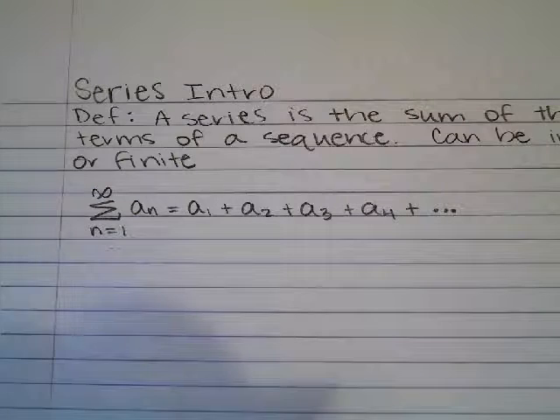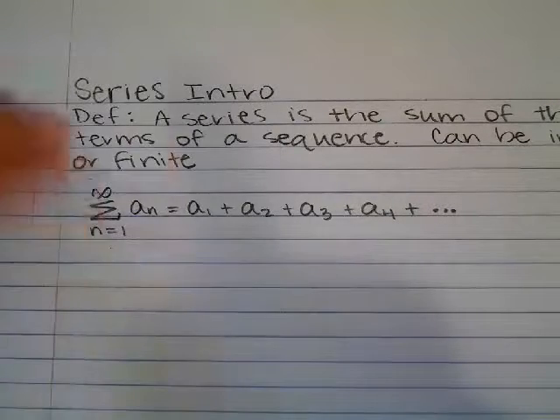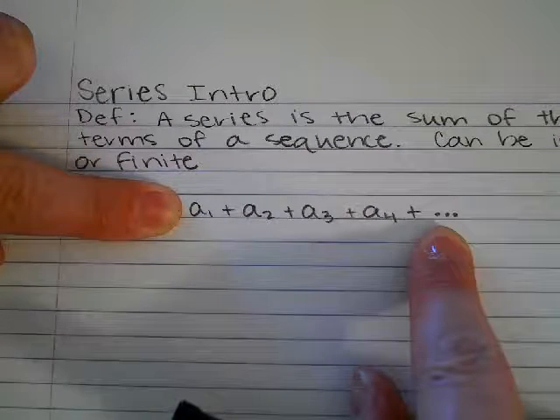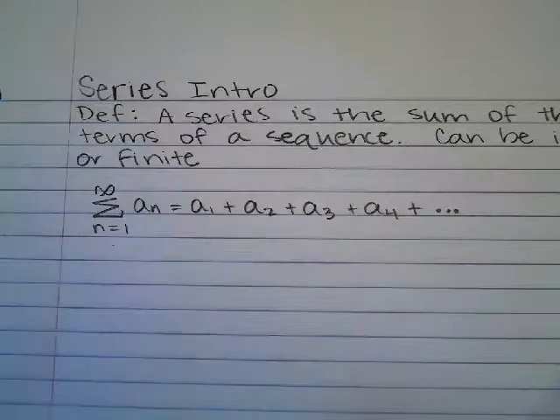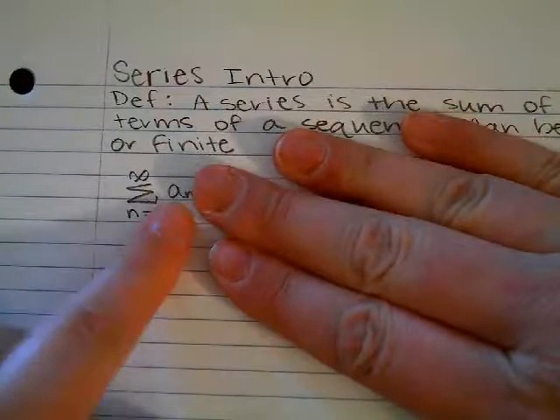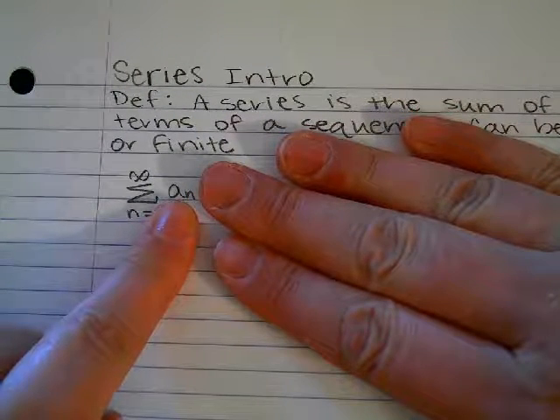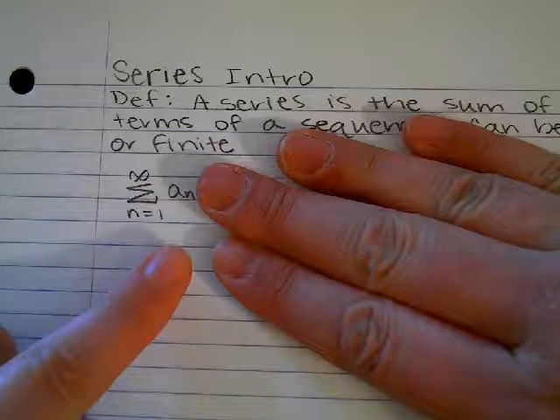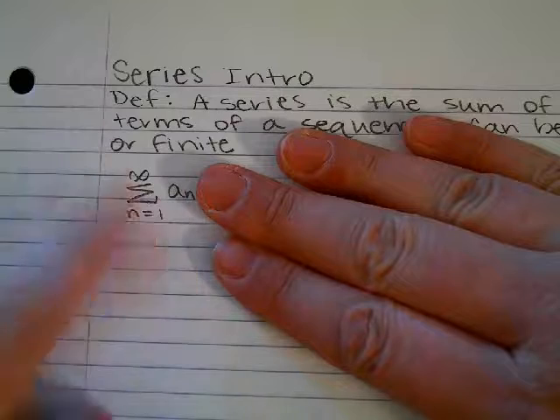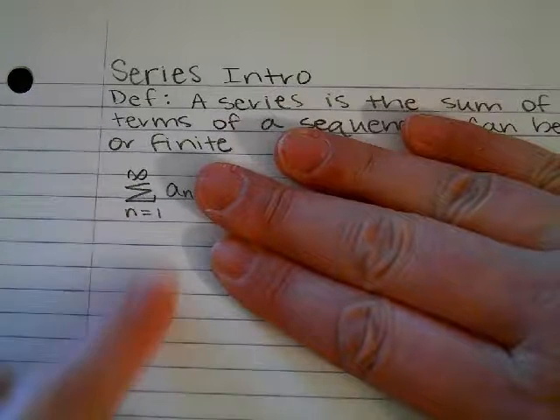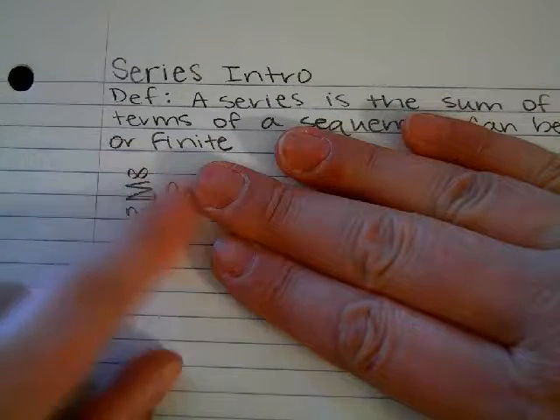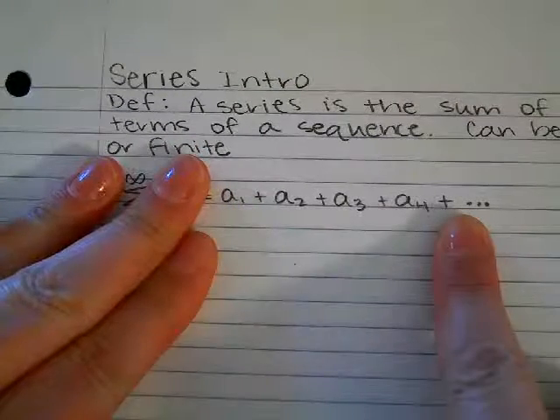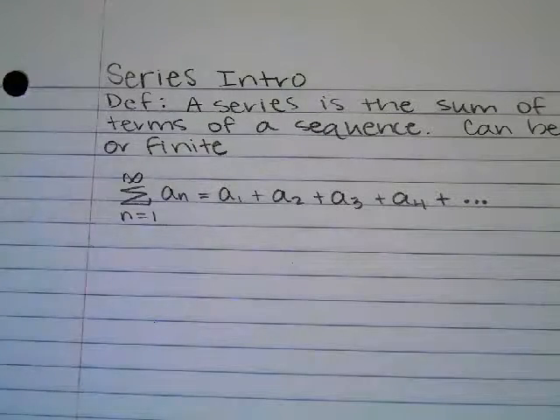So instead of writing all these terms that you added up, you would write the formula for the sequence, and then you would say you added the terms from 1 to infinity, or from 1 to 5, or from 1 to 7, or whatever, so that you have a shorthand way of writing it where you can write just this chunk here instead of writing all this stuff here. It's just a shorthand way of writing it, okay? So this literally means summation.